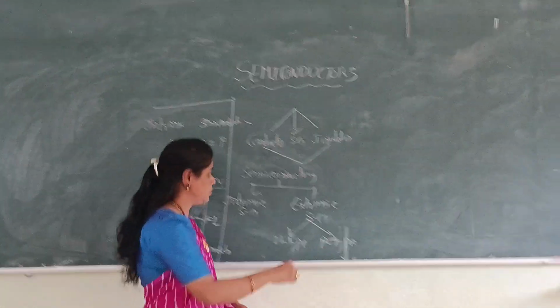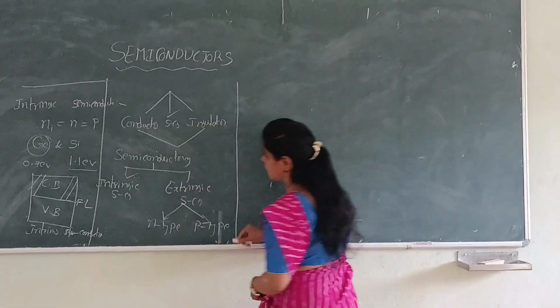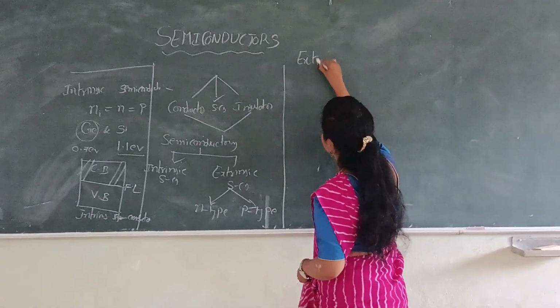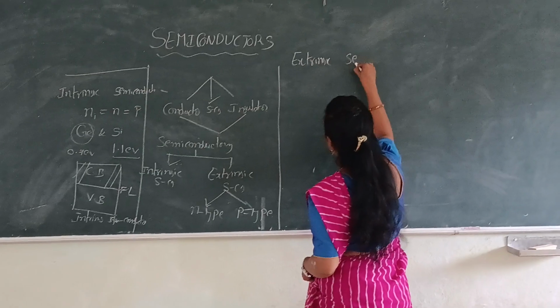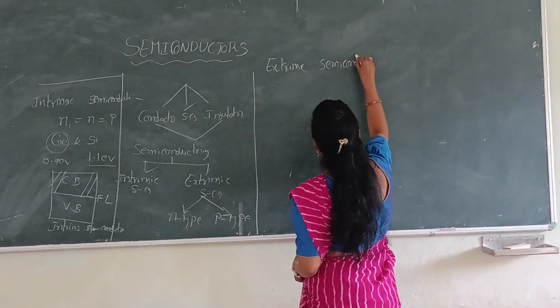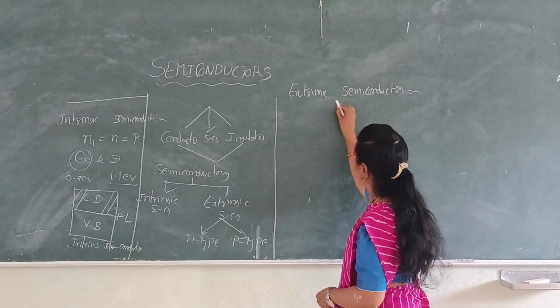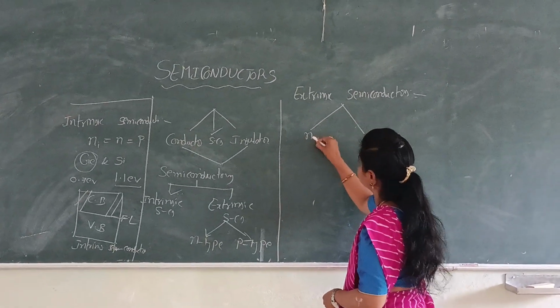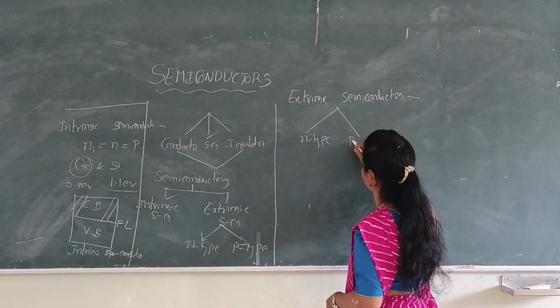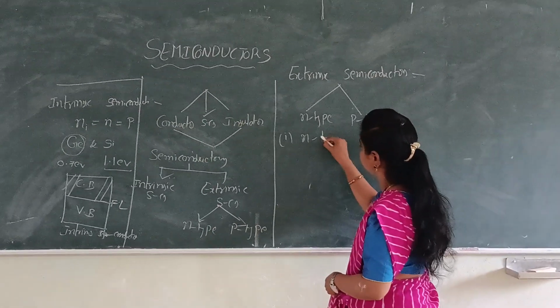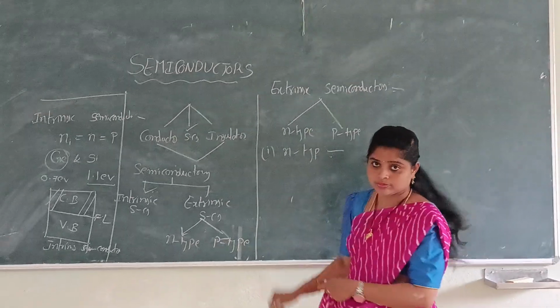Coming to extrinsic semiconductors, they are divided into N-type semiconductor and P-type semiconductor. The first one is N-type semiconductor.